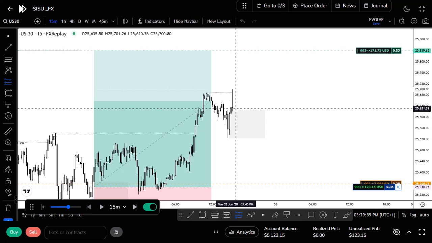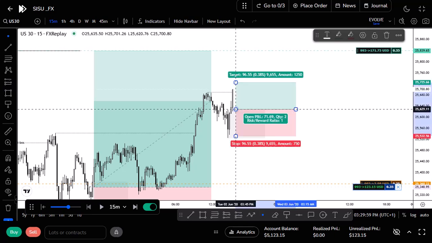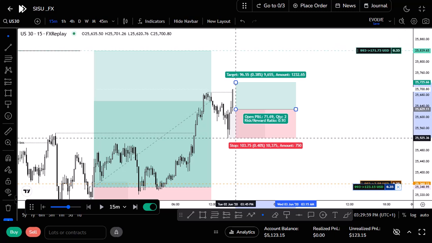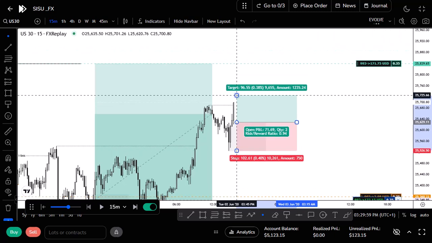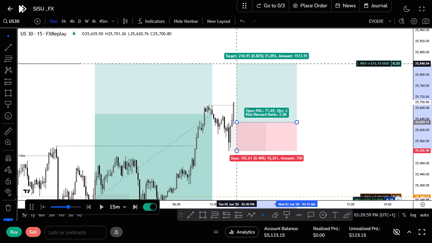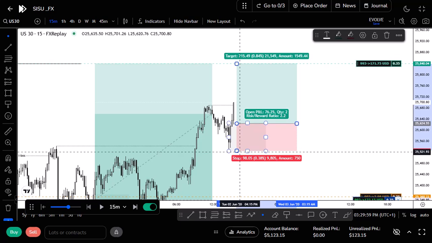But now it is kind of risky, because this can also be just an inducement. We can continue selling from here, and yes, this can be inducement, just a fake movement, but it's fine, just for the sake of this example.